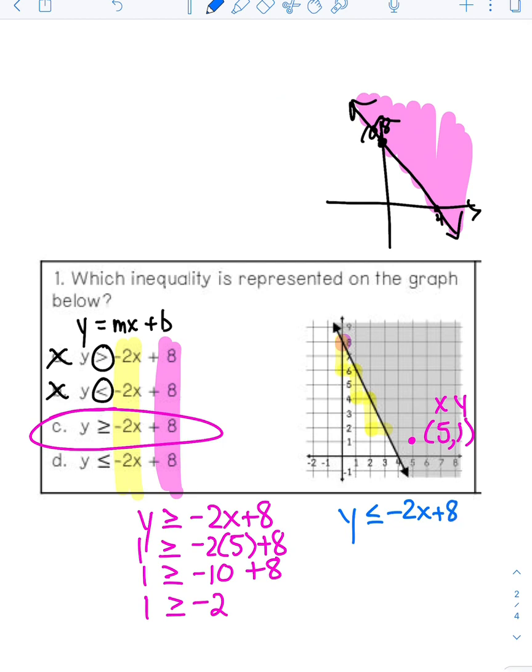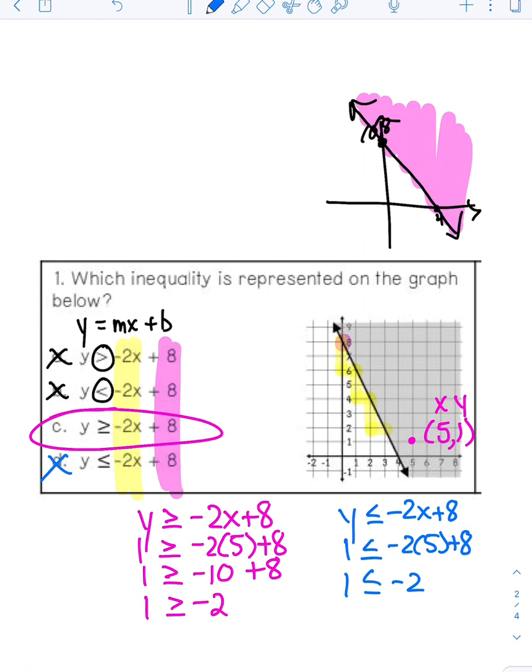Let's test that same point. 1 is less than or equal to -2 times 5 plus 8. Is 1 less than or equal to -10 plus 8, which is -2? That's not true. So D is not the inequality represented on the graph.